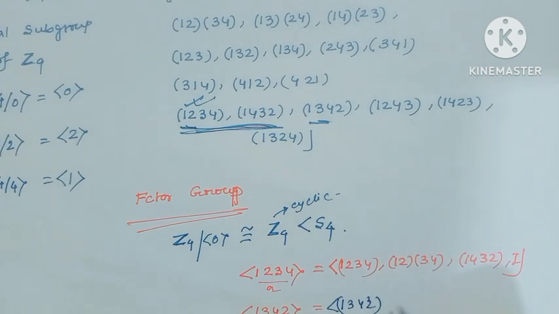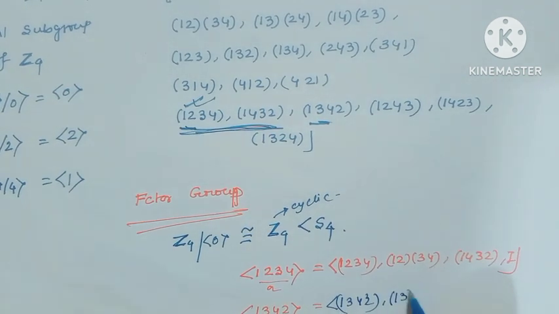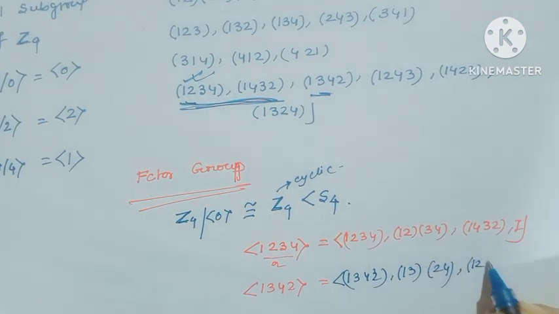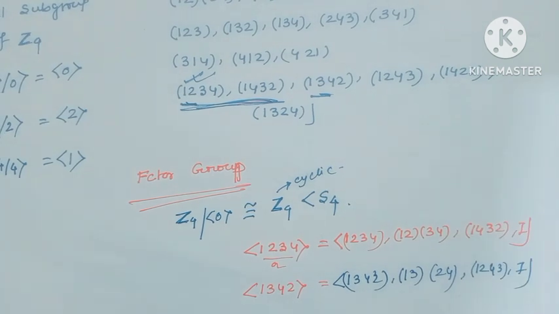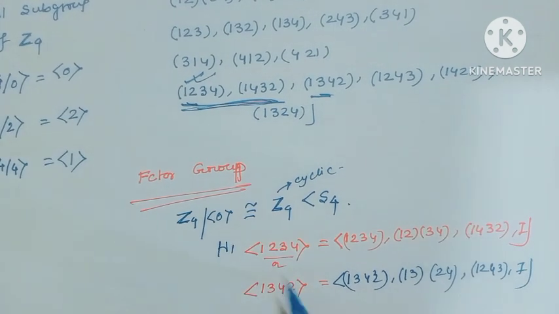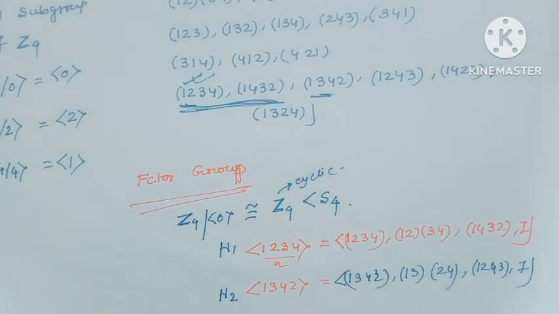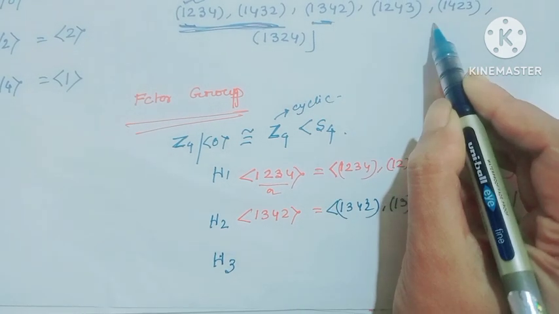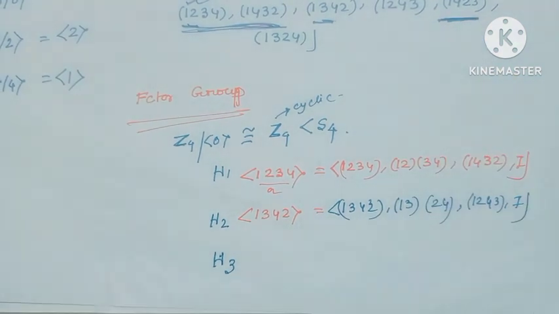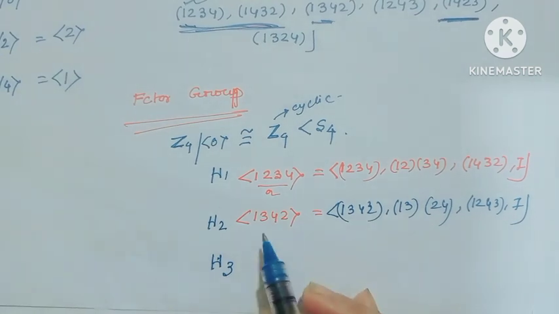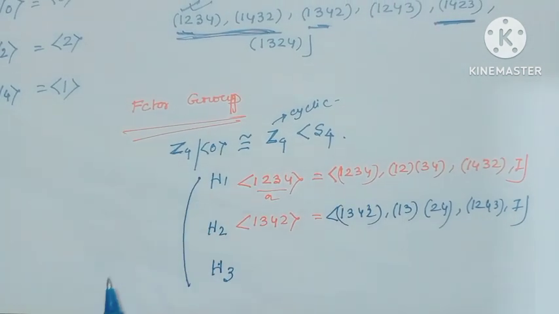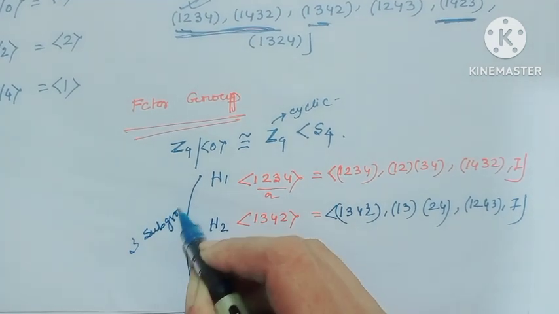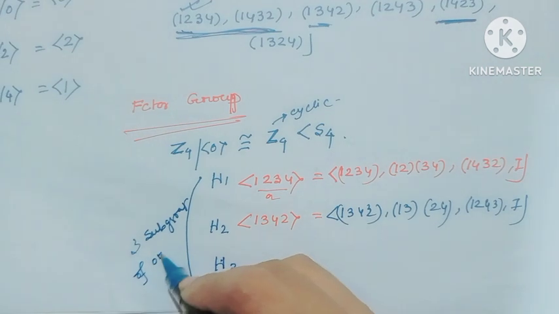If we square, then this would be (1 4)(2 3), and another would be (1 2 4 3) and identity. If we consider this as H1, this as H2, similarly I will get H3 also, because H3 would be constructed by another cyclic subgroup. Therefore in S4 there exist 3 subgroups of Z4 type.